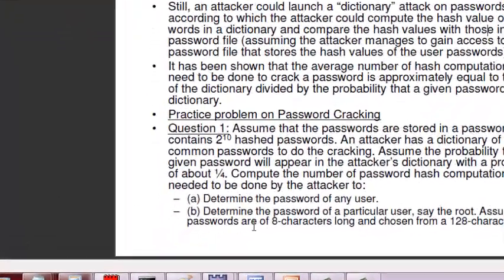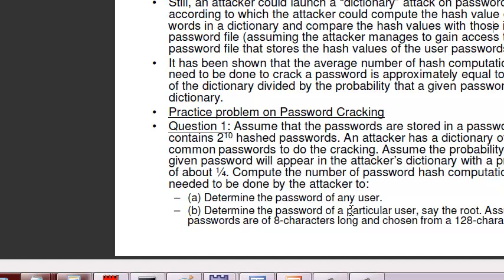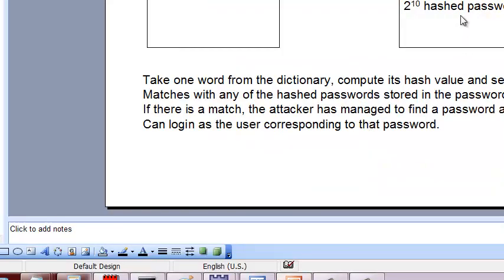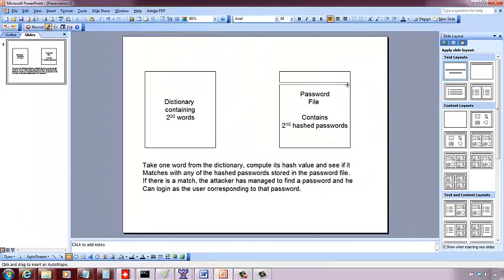In B part, we are trying to find the password of a specific user or a particular user, say the root. So we are not interested really in any entry. We are interested in a specific entry in this password file that corresponds, say, to the root user.